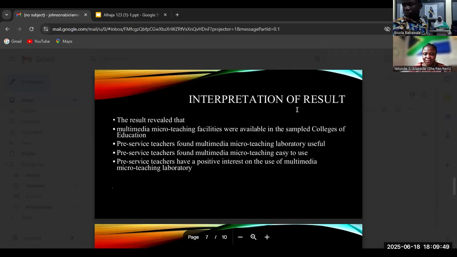They are advocating that government should increase institutional investment in multimedia laboratories, develop comprehensive and quality training programs for both lecturers and students, provide technology support, establish standardized technology integration guidelines, and create public and private partnerships for technology resource acquisition.